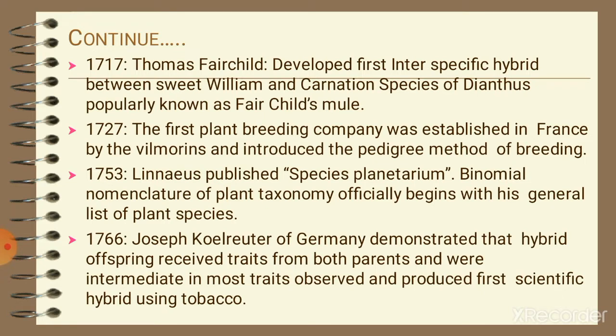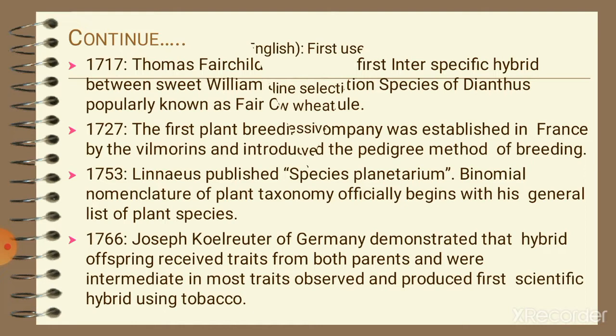Binomial nomenclature of plant taxonomy officially begins with his general list of plant species. In 1766, Joseph Kölreuter of Germany demonstrated that hybrid offspring received traits from both parents and were intermediate in most traits observed, and produced the first scientific hybrid using tobacco.